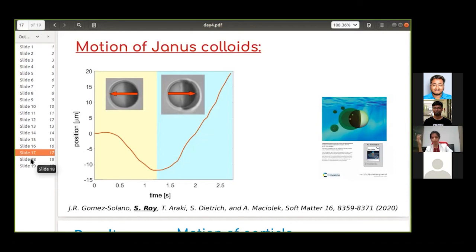It can happen under different situations: under the gradient of temperature, under the gradient of concentration fields, chemical potential gradient, or some kind of electric field, etc. There are different terms associated with it, like thermophoresis, chemophoresis, diffusophoresis, etc. Those are some of the very active topics at the moment in the literature. And the properties of this type of motion are of extreme importance in the study of such active motion.